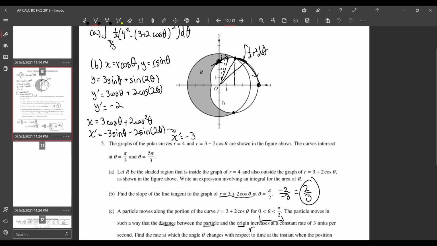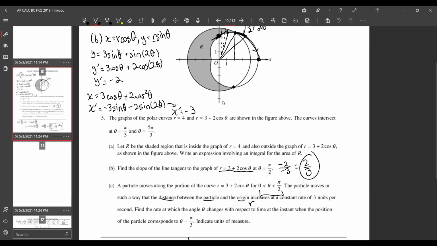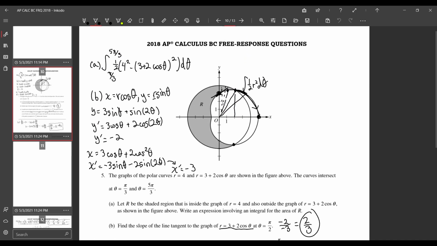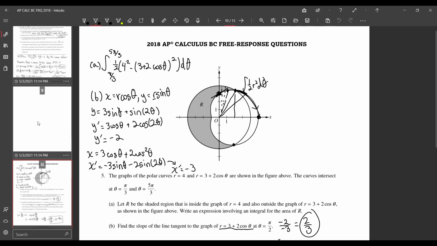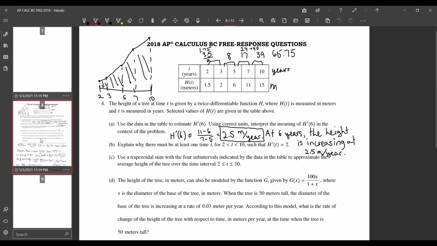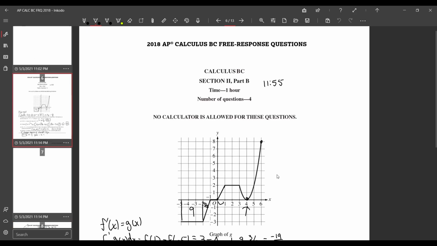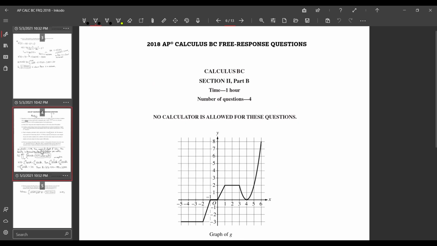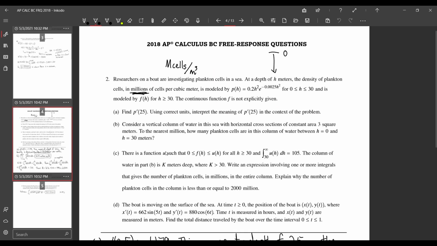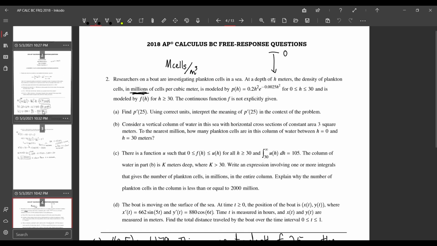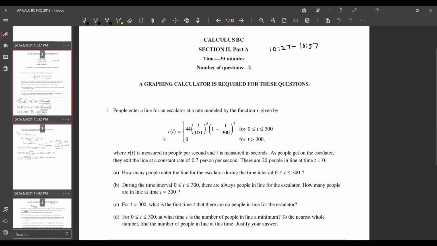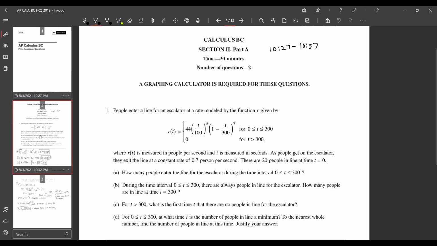I don't recall a polar integral or polar section, or maybe just parametrics in general. Be prepared for that. Definitely one of these graph questions. These rate function questions, those are usually on there. So pretty standard selection of topics on these questions.